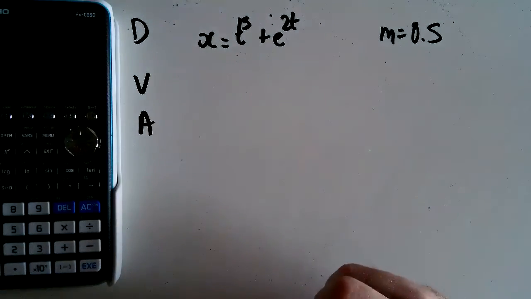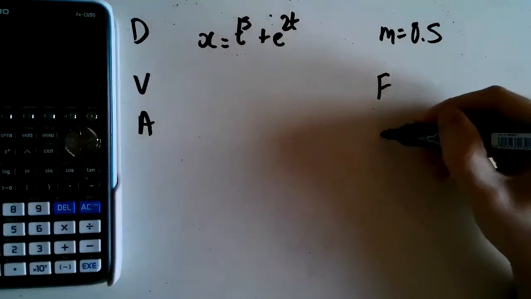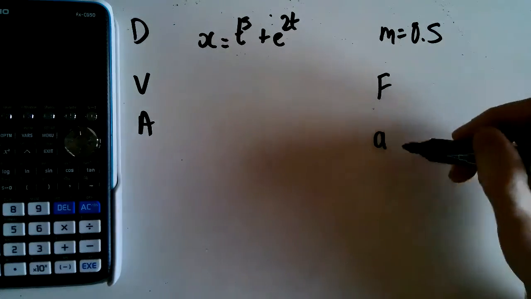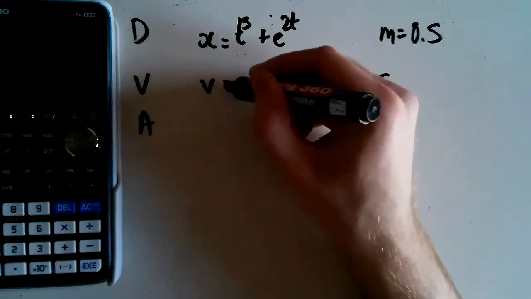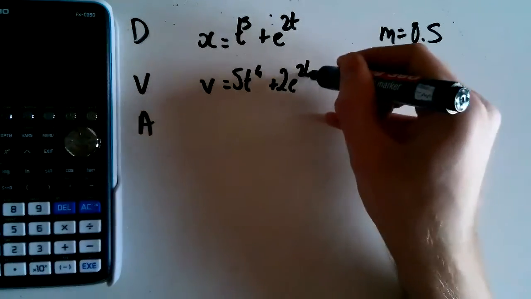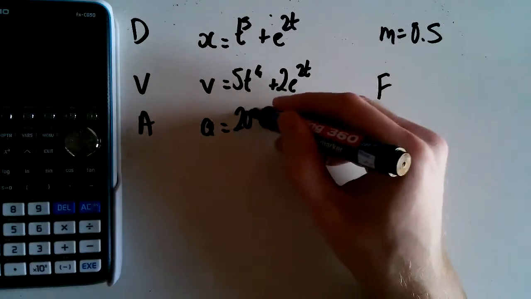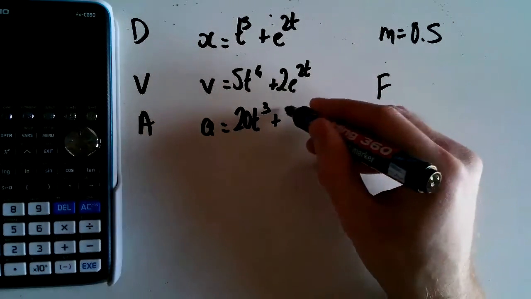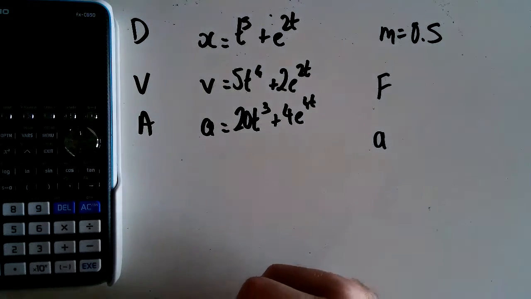Find the force acting on the particle after 1 second. Well, for force, remember I need F equals ma. So I need acceleration. To get from d to v, I'm going down, so I'm going to differentiate. So 5t⁴ plus 2e^(2t). Then to get acceleration, differentiate again. So 20t³ plus 4e^(4t). So that's my acceleration.